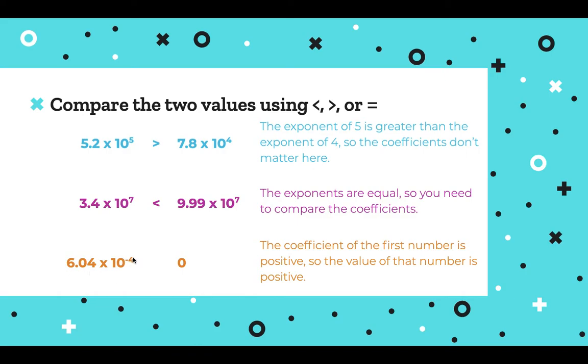Yes, our exponent is negative, but that's just telling us we're moving our decimal 4 places to the left. If we did that, we're moving it 1, and then we're going to add 3 more zeros. Is that number still positive? It sure is. It's a small number, but is it more than 0? It sure is. So 6.04 times 10 to the negative 4th is greater than 0.